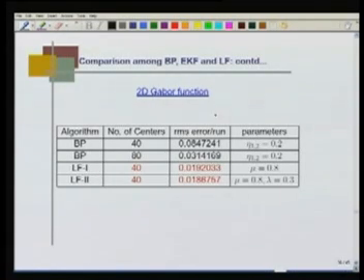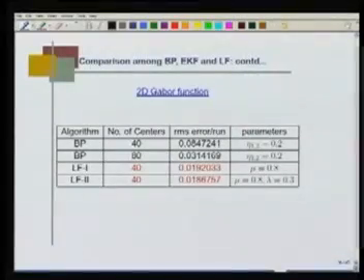You can see the RMS error per run. We trained the network using many initial weight conditions, averaged over say 100 such runs, and then computed the average error. You can easily see that in terms of RMS error, LF1 and LF2 are much better than the backpropagation algorithm.